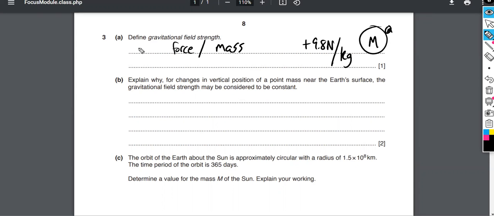We can calculate this value by considering Newton's second law of motion, F equals ma, and Newton's law of universal gravitation. Force of gravity is G times the mass of the two objects divided by their separation distance squared.